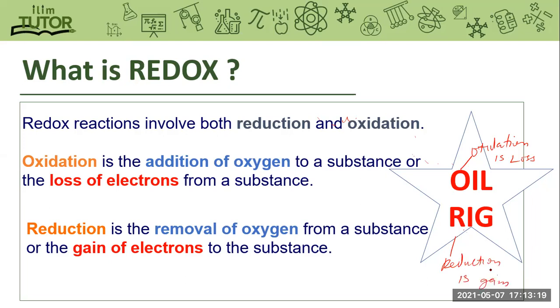So that can be something to guide you all through this class. OIL RIG: oxidation is loss, reduction is gain. So any reaction that involves loss of electron and gain of electron is a redox reaction.